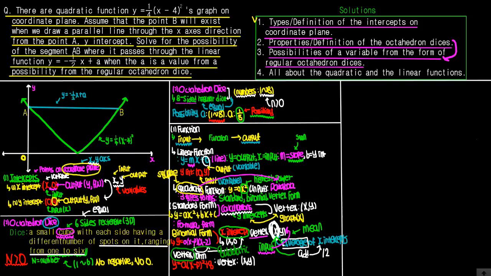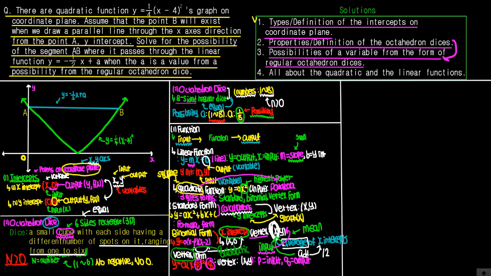For the vertex form, our p value, which is next to the x value, is going to be the input of our vertex, the same thing as the x value, and our q value, which is a constant value, is going to be exactly the same thing as the output, the y value of our quadratic function.